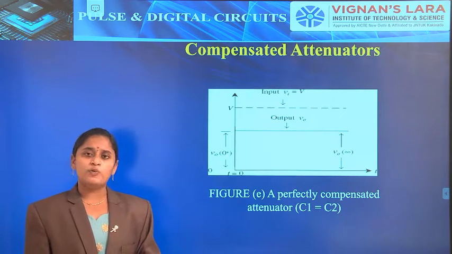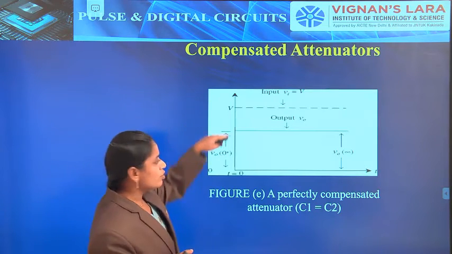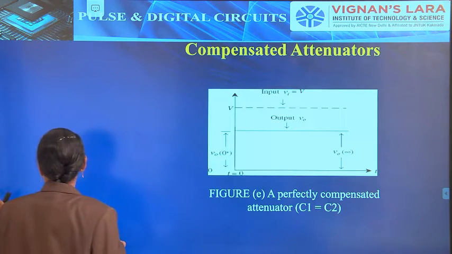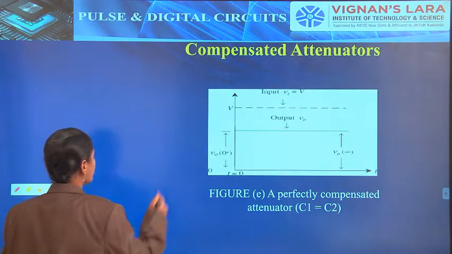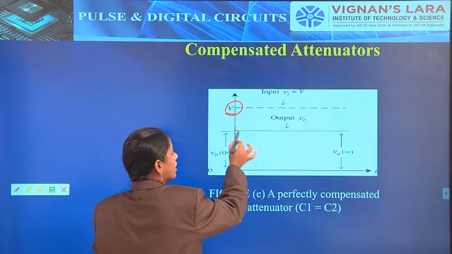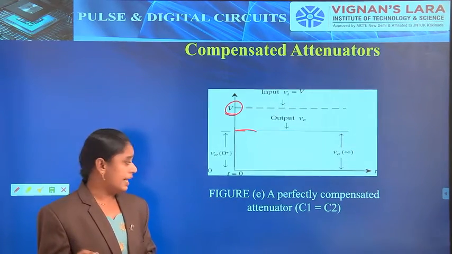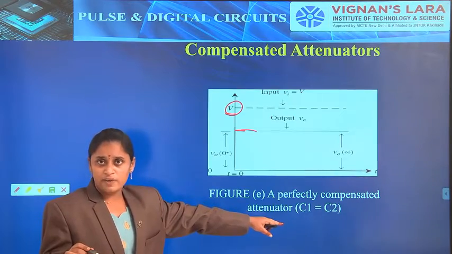So what is meant by perfect compensation? An attenuator reduces the voltage level. Here the input is Vi of t and the output will be a reduced voltage. Perfect compensation occurs at the C1 is equal to C2 level only.